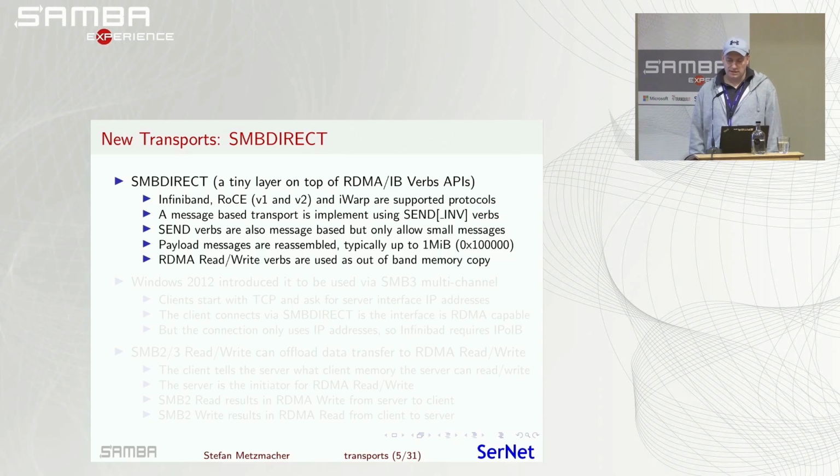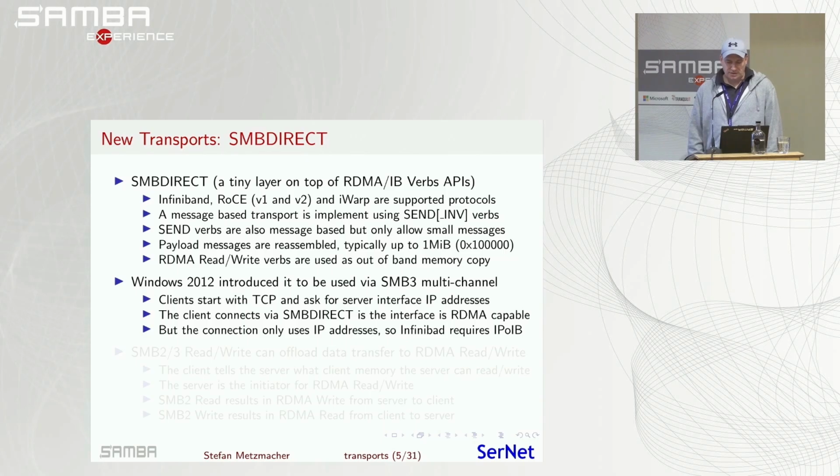But the thing is that the large SMB2 read and write operations, which transfer large amounts of data, are offloaded to RDMA read and write operations, which use the same underlying RDMA transport connection, but are out of band for the stream-based transport.